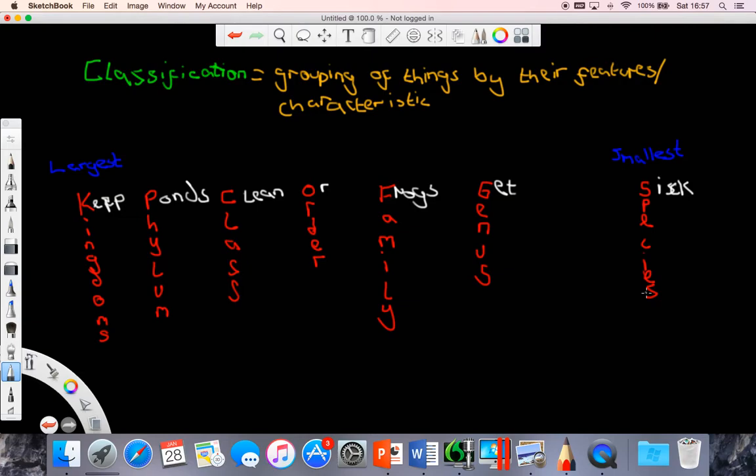Now, something that I haven't really spoken about yet, but we do need to think about, is that a kingdom is made up of organisms that have similar phylum, okay? So a kingdom is a group that has similar phylum.